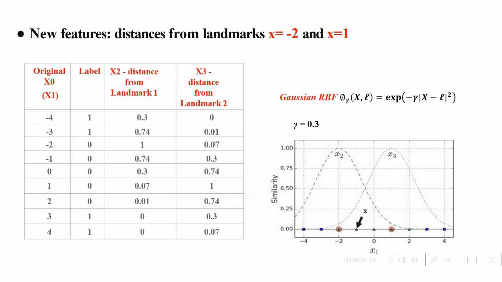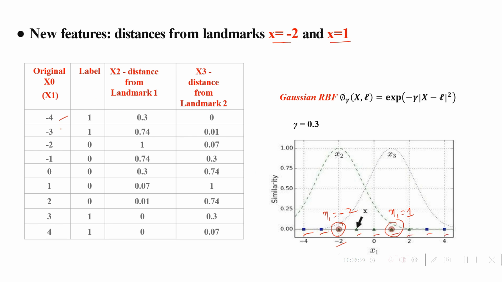Now we are going to see how to find the similarity function with respect to x equal to minus 2 and x equal to 1. Here we have two landmarks: the first landmark x1 equal to minus 2, and the other landmark x1 equal to 1. Now, with respect to our original data set, the points are minus 4, minus 3, minus 2, minus 1, 0, 1, 2, 3, 4.